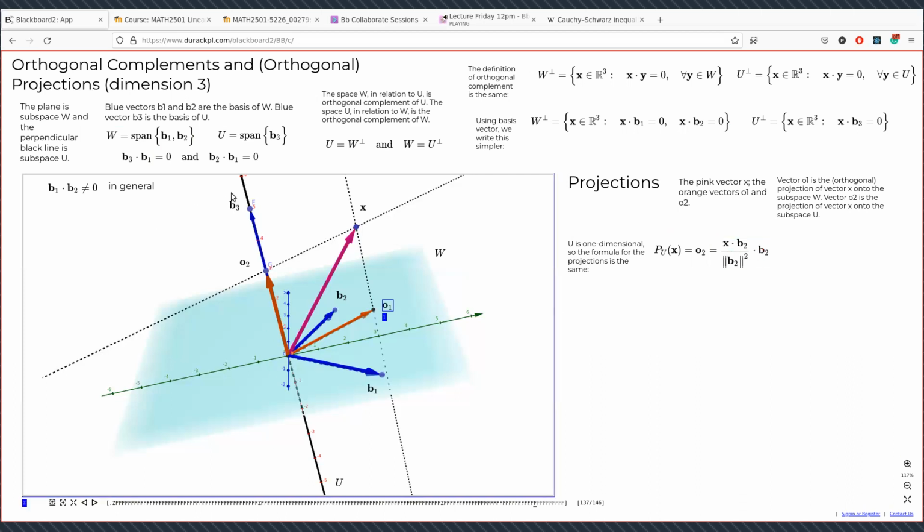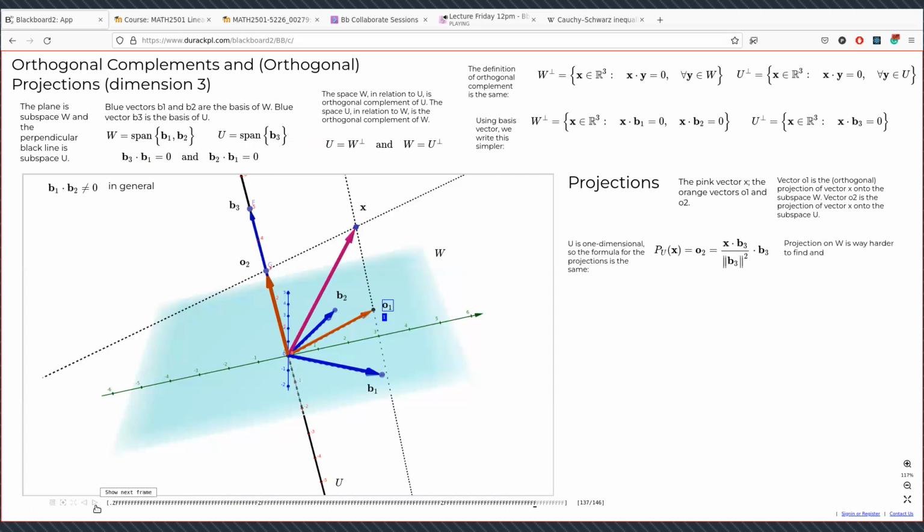The basis of U on my graph is B3, so I need to change this to B3 everywhere. Yeah, here it is, direct formula.